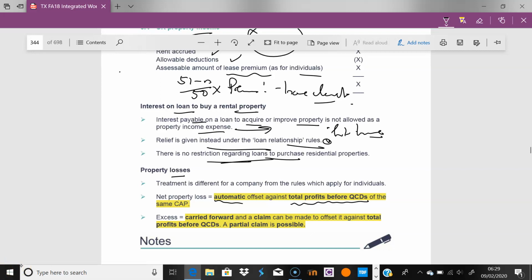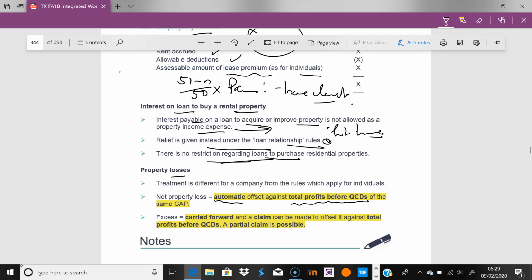Like I said earlier on, you can't carry back property losses. That's the first problem, but because we're not dealing with losses just yet, we just take the simple initial view that you have some property loss.